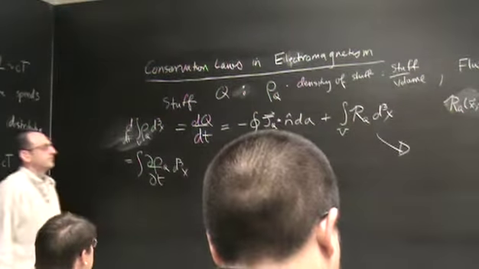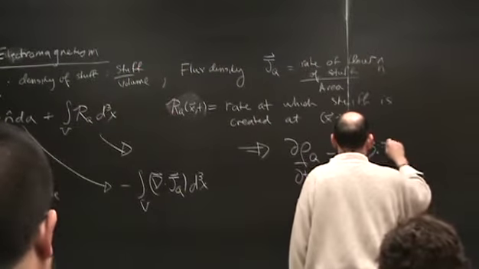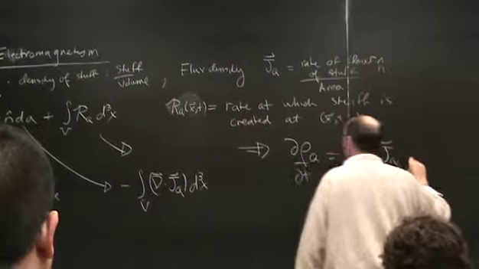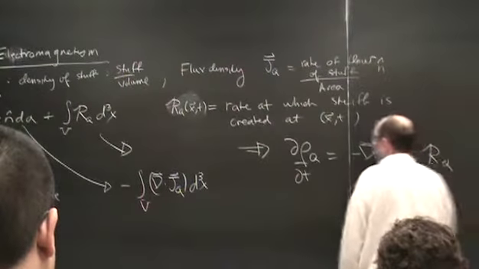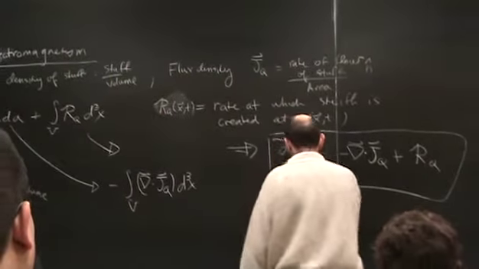Moreover, this is equal to the volume integral of the divergence according to Gauss's law. And since this is true for an arbitrary volume, we have now a local relationship which says d rho dt changes because there is diverging or converging flow, or the stuff is just locally created or destroyed. And this is the general form of the continuity equation.